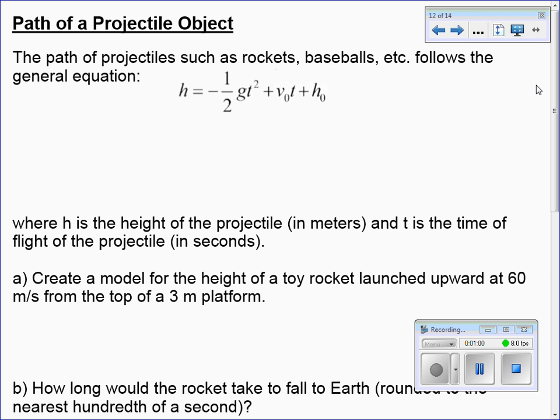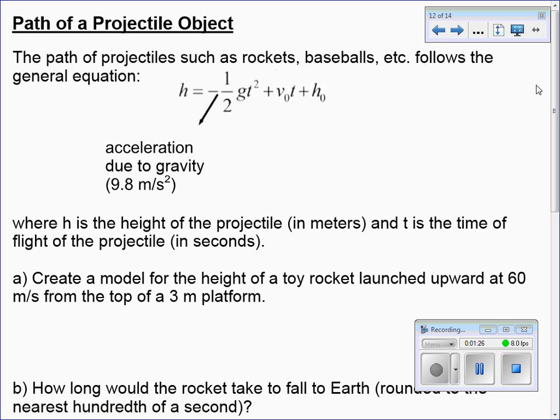And they will both hit the ground if they start at the same height at exactly the same time. And that's all due to the acceleration due to gravity. That whole part of the first equation is basically talking about how gravity actually affects the motion of an object as it drops from above the ground.